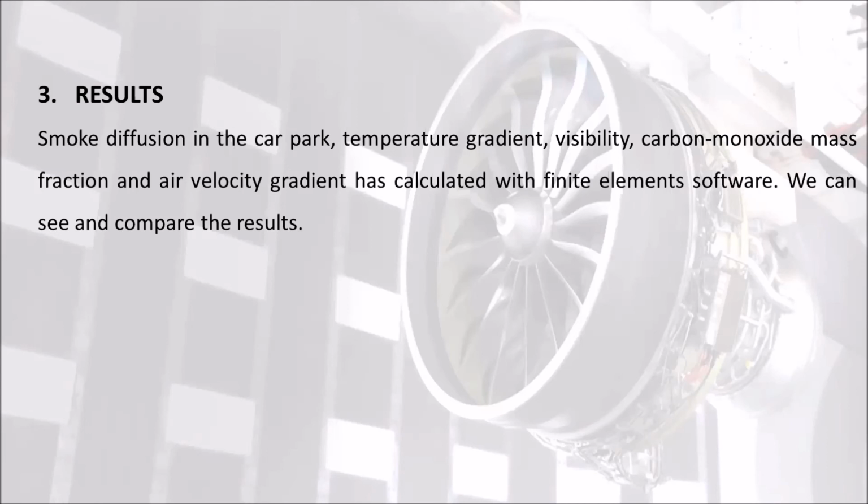So here, smoke diffusion in our special case, temperature gradient, visibility, carbon monoxide mass fraction, and air velocity gradient are all calculated with finite element software. So we can summarize and compare the results.